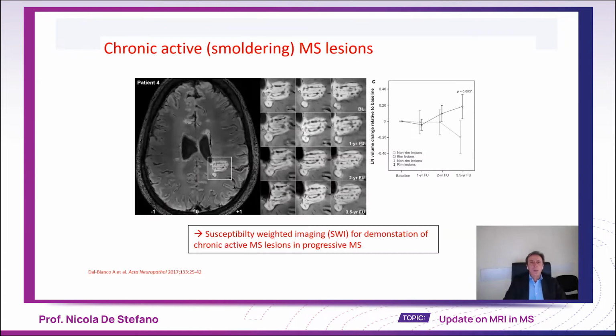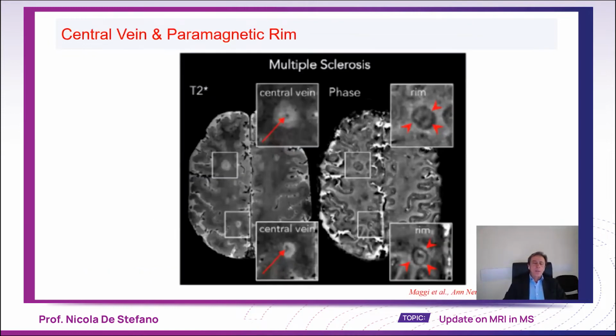These chronic active smoldering lesions can also be shown on susceptibility weighted imaging, which can demonstrate the presence of this progressive damage in MS. Together with this, susceptibility weighted imaging can show the so-called central vein, which is very important for the differential diagnosis in MS, but also the paramagnetic rims, which you see here quite well.